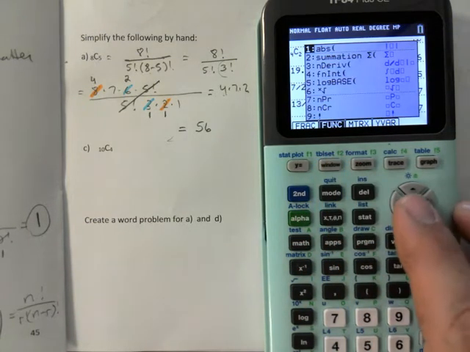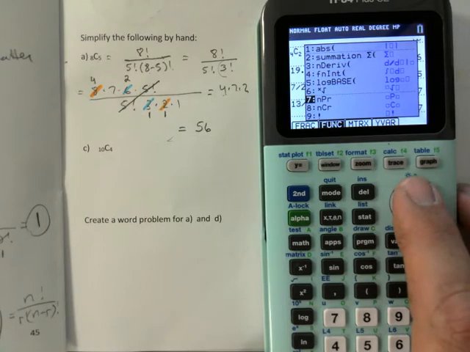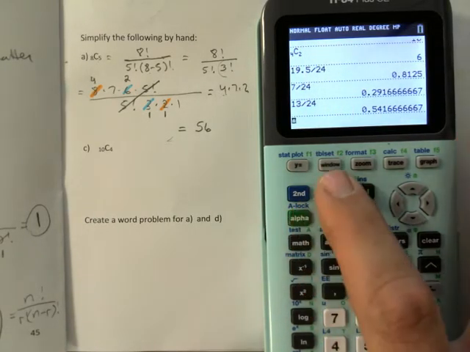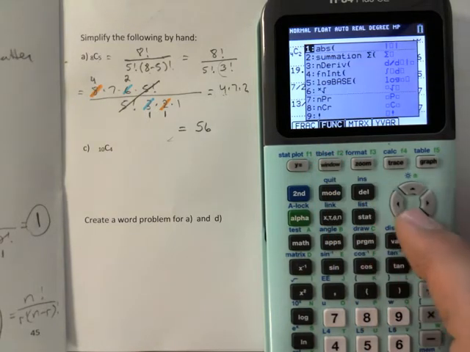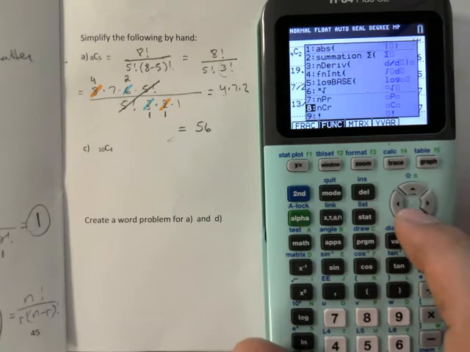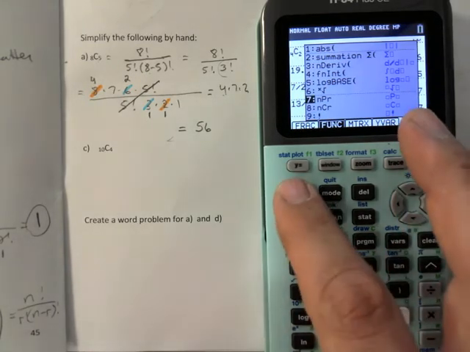Yeah, alpha, window. And right down here, so 7, 8, 9 are where you're going to find it. So let me show you again. Alpha, the green button here, and then window, and that's where you access nPr and nCr and factorial. Okay? Thank you, Isabel. Yeah, that's awesome.